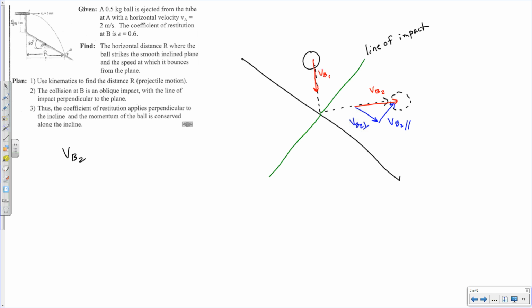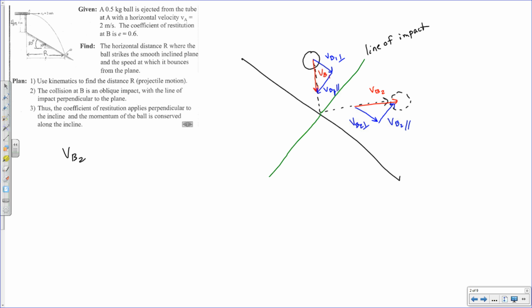So we have two unknowns, VB2 perpendicular and VB2 parallel. That means in order to solve this problem, we need to determine the initial perpendicular component, VB1 perpendicular, and VB1 parallel with respect to the line of impact.